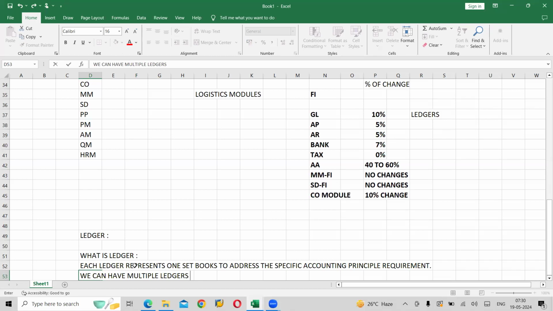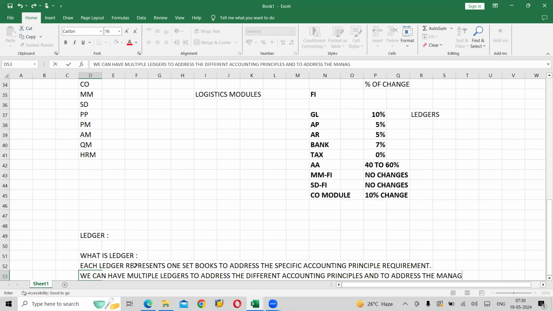Multiple ledgers to address the different accounting principles, and to address the management reporting purpose.